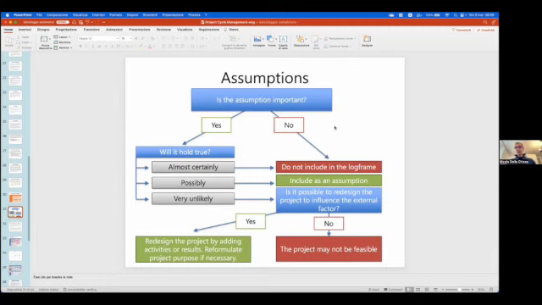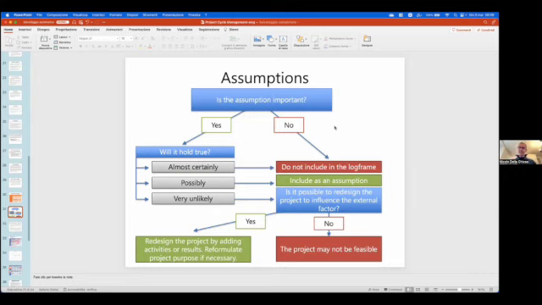Of course, it could be relevant if it happens, but the probability is not that high, and it's not directly linked to the activities of the project. Of course, if a disaster strikes, then that will have, let's say, an impact, but it is not something that our project can act on directly.